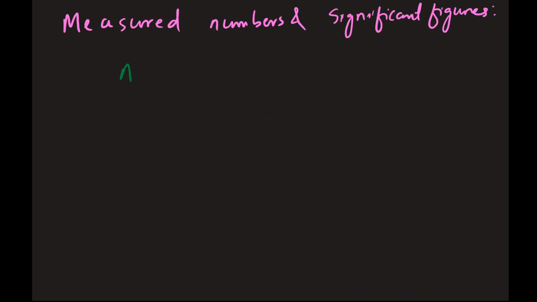So all the measured numbers have sig figs. I'm just going to use "sig fig" from now onwards for significant figures, as a shortcut. If you have a measured number, I'm just going to throw out a random number here, so I'm not going to worry about what it is.